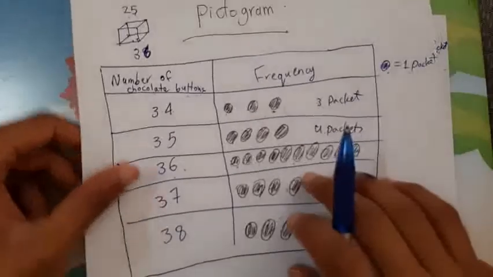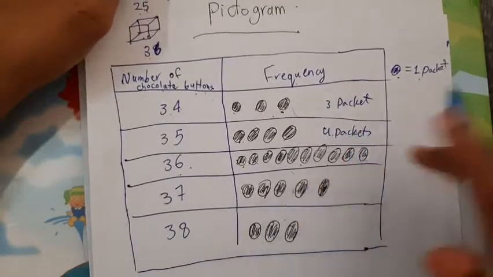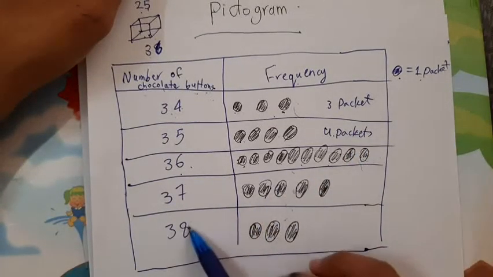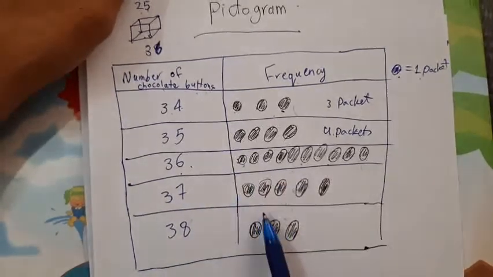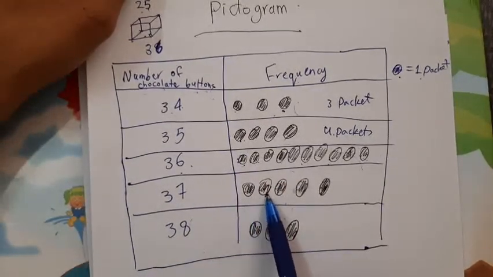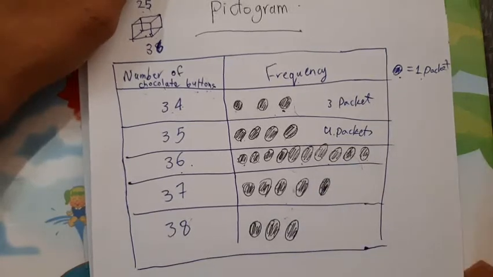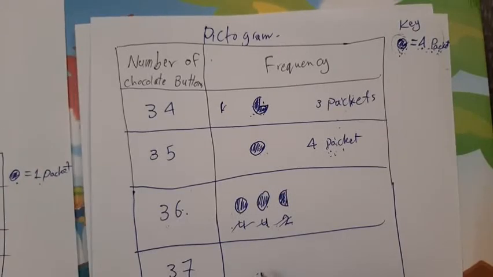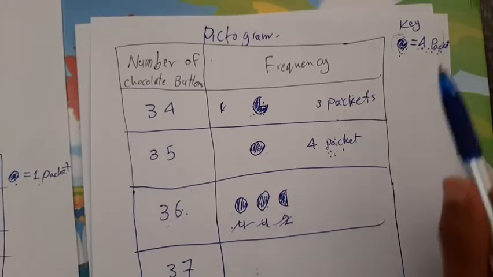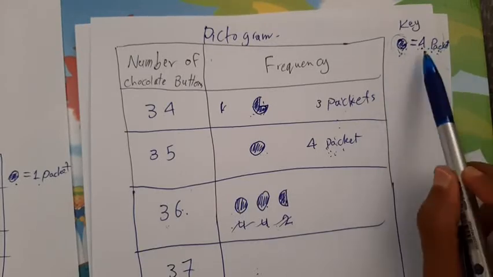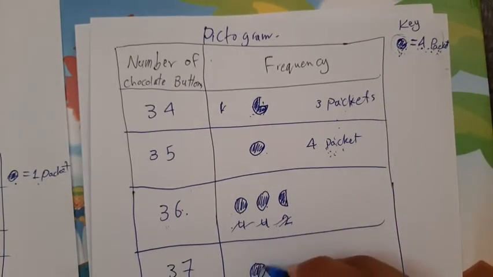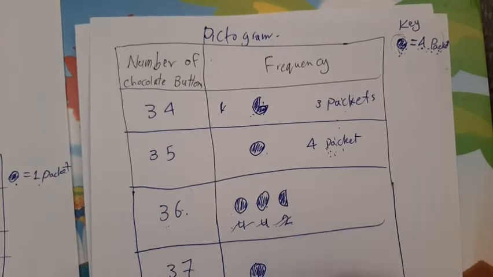What about 37 chocolate buttons? How many packets did they have? 37 chocolate buttons inside. Those were 1, 2, 3, 4, 5. So I need to represent 5 packets using the new pictogram. Again, one circle for 4 packets. So I need 5. This one circle represents 4.